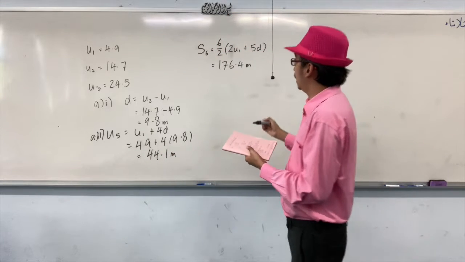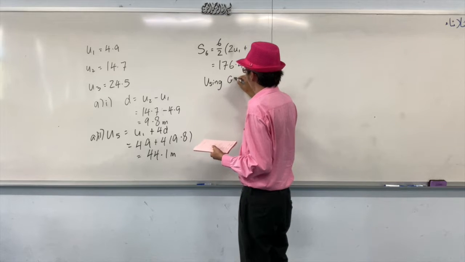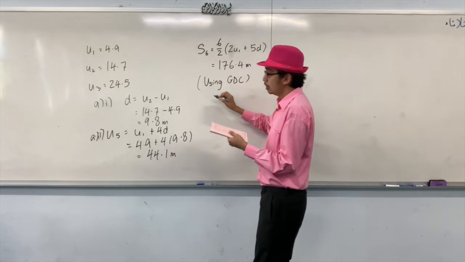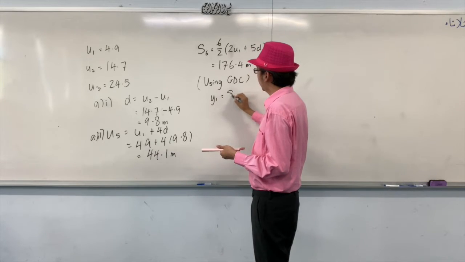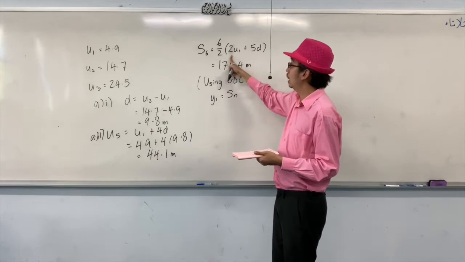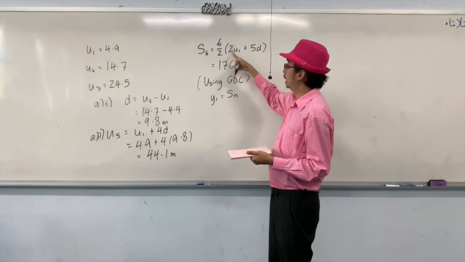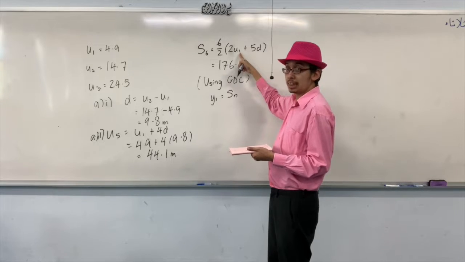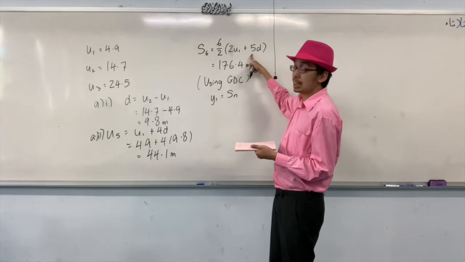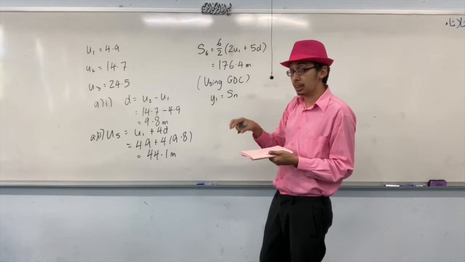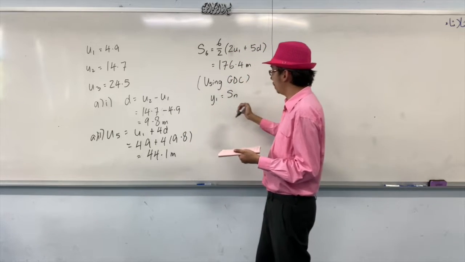So using your GDC, you need to graph out these two. Y1 will be your Sn formula. Instead of 6, you write down x over 2, bracket, 2 times 4.9, plus (n minus 1)d, so you write down x minus 1, and then the d we found earlier, 9.8.